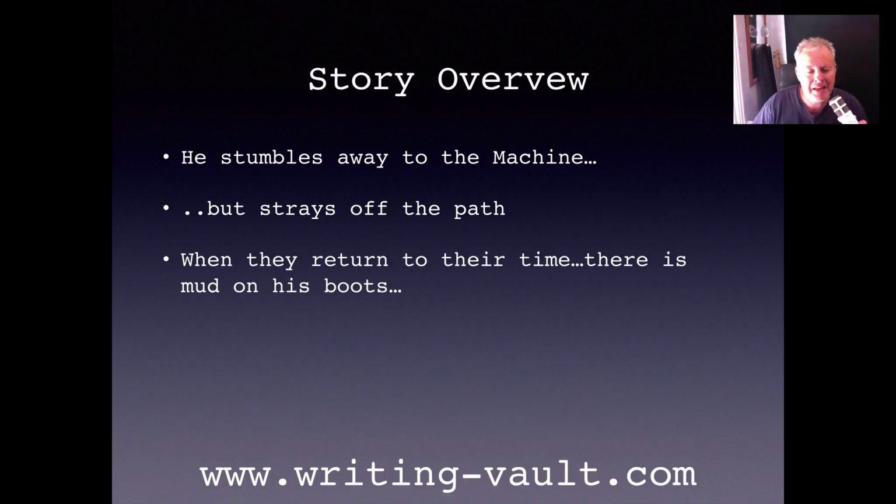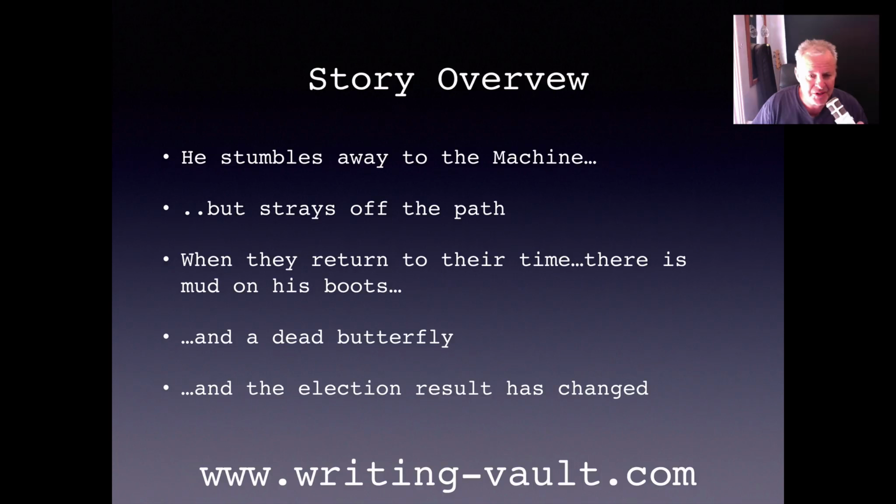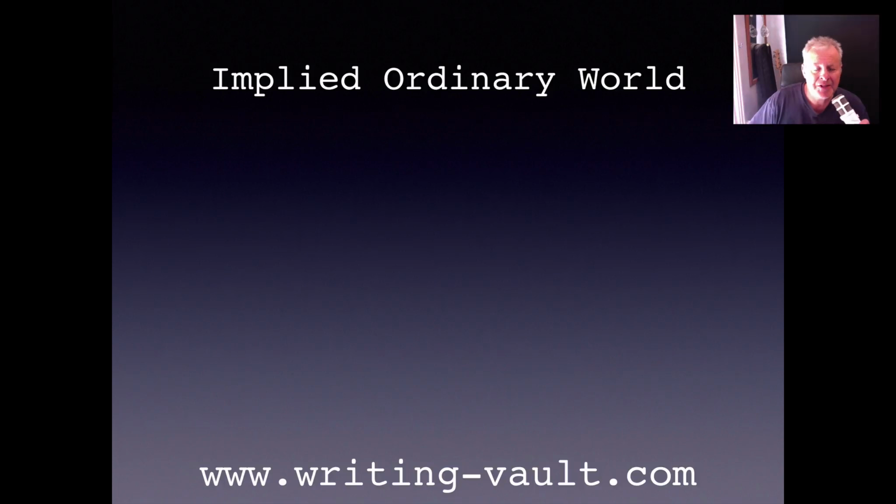They realised he strayed from the path, but they didn't realise there was mud on his boots and a dead butterfly was in the mud, and the election result that's set up in the start of the story has changed, and their world has changed because of Eccles straying from the path and killing the butterfly. So let's look at the 5 steps in a little bit more detail.